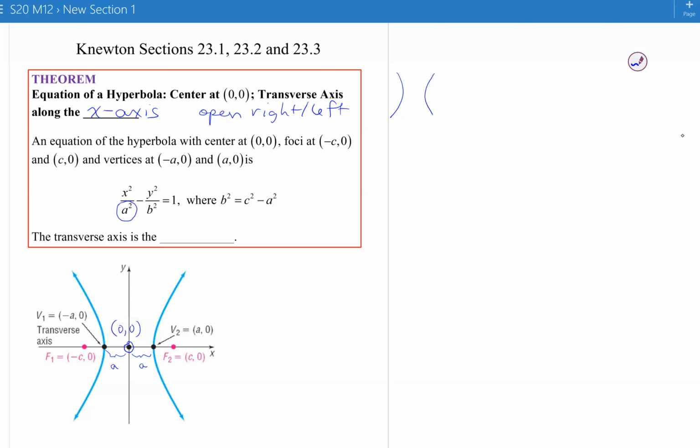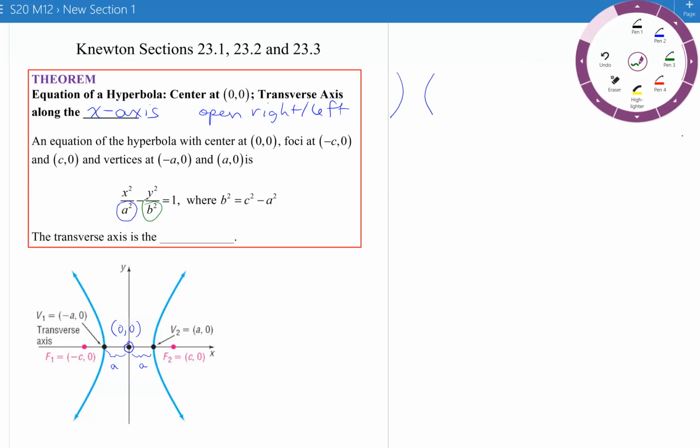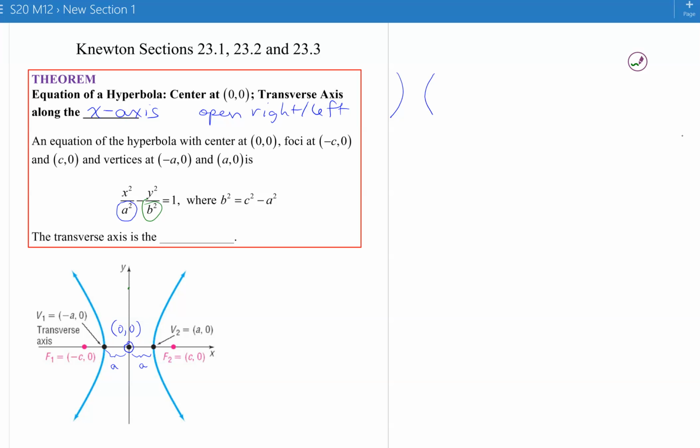Then you go a distance b up and down, and that makes a box that we'll talk more about, and the diagonals of that box make the asymptotes. When the transverse axis is the x-axis, the arms of the hyperbola cut through the x-axis and the x term comes first. Because there's a minus, the order now matters.